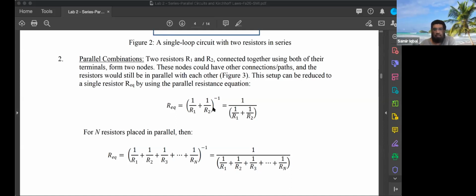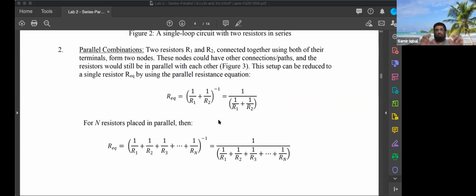We take the inverse of that, and that would be the equivalent resistance. The reason is that the higher the resistance, the less dominant it is, because the current flow would be less in the higher resistance. Higher resistance means less current is flowing, hence its contribution is taken as a reciprocal. This is for two resistances, or n number of them, and the same principle is used to find the equivalent resistance.